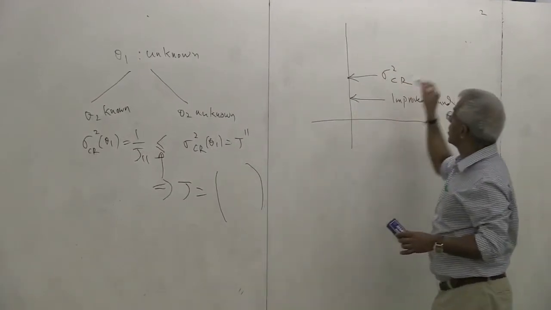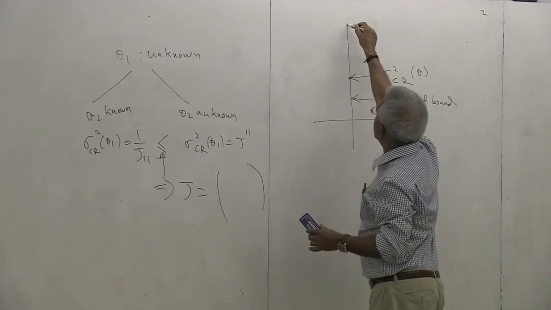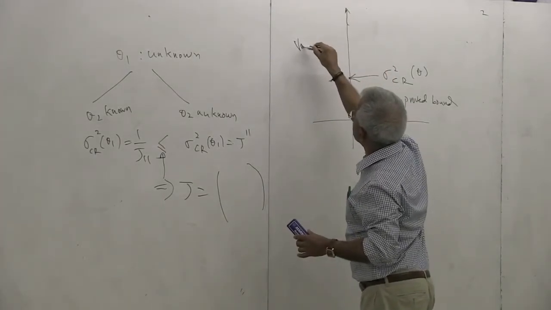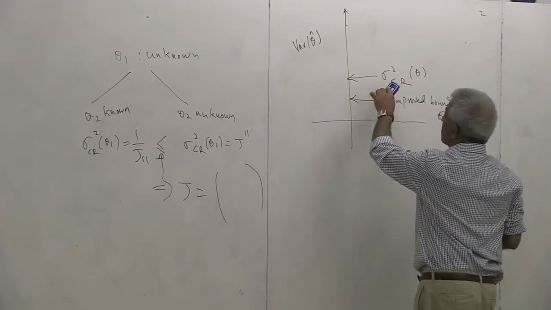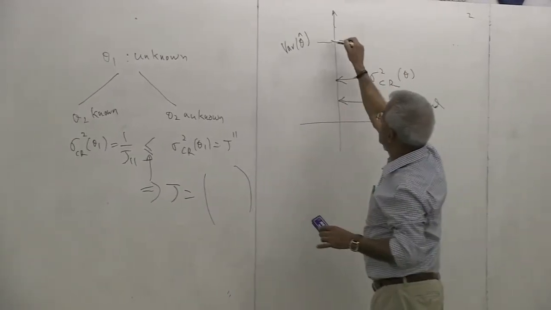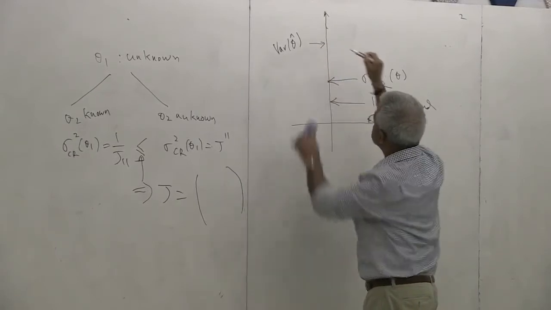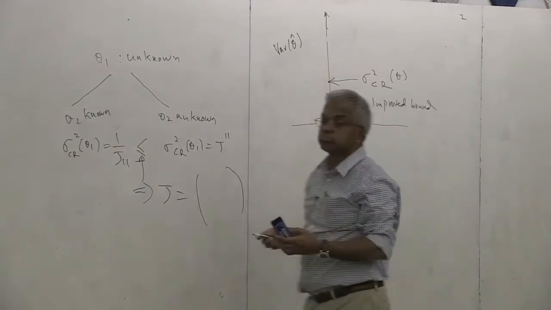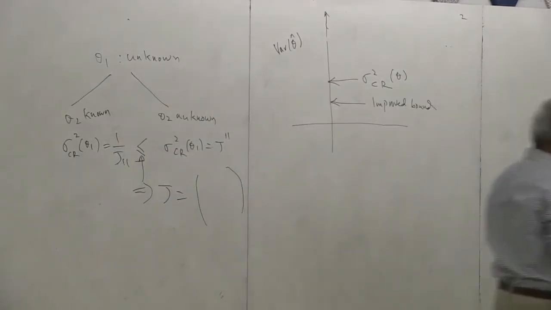All right, so this is the Cramer Rao bound for some parameter. Your variance may be here. The whole point is the variance can only go up from the bound.